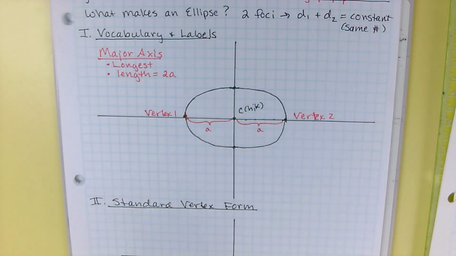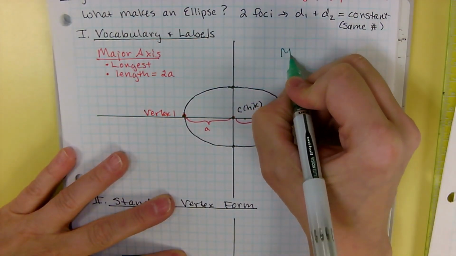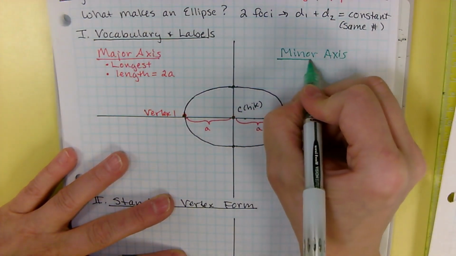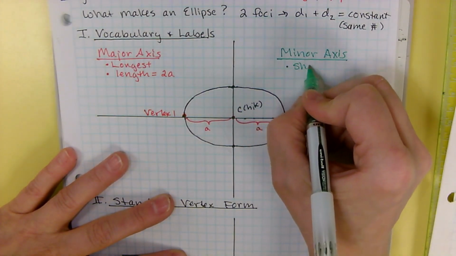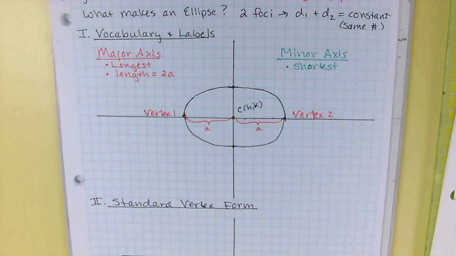Switching colors. Okay, the shorter of the 2 axes is called the minor axis. Again, the minor axis is the shortest one, in this case vertical, going up and down.